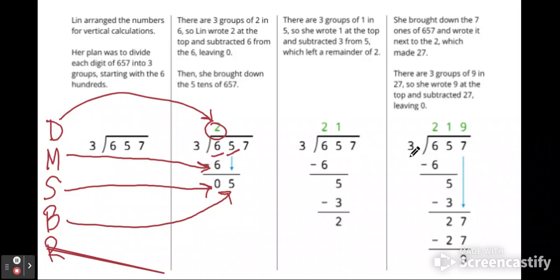So now we're looking at 3 into 27, or 27 divided by 3. Well, 27 divided by 3 is 9, because 9 times 3 is 27, and we end up with 0. There are no other numbers up here for us to bring down. Because we end in a 0, that means there is no remainder, and our quotient, this answer, is a whole number.